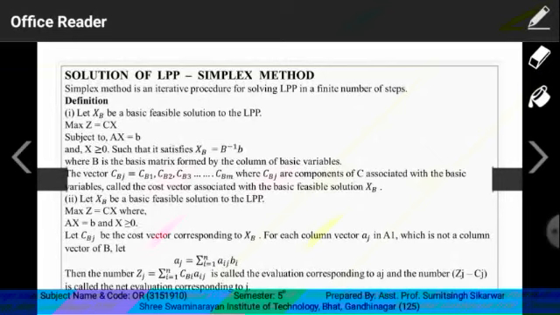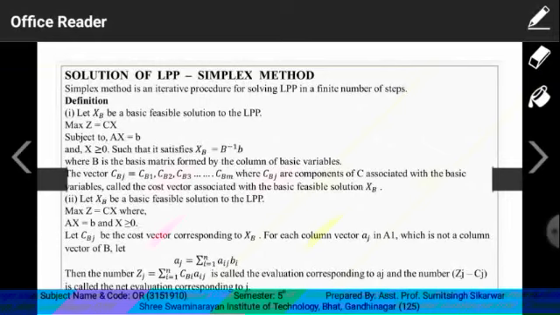Let X be a basic feasible solution of any LPP model, and we need to maximize Z = Cx, subject to Ax = B, in such a manner that XB = B inverse of b. Now what is B? Here B is the basic matrix formed by the columns of basic variables.